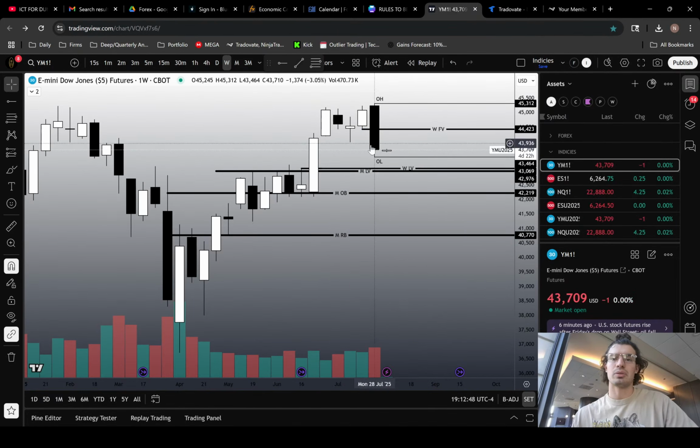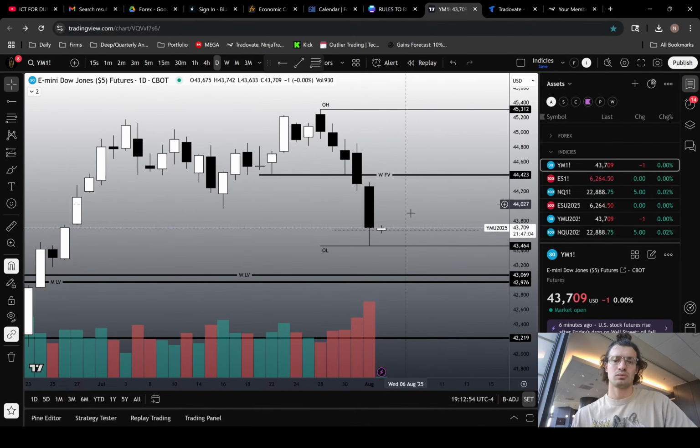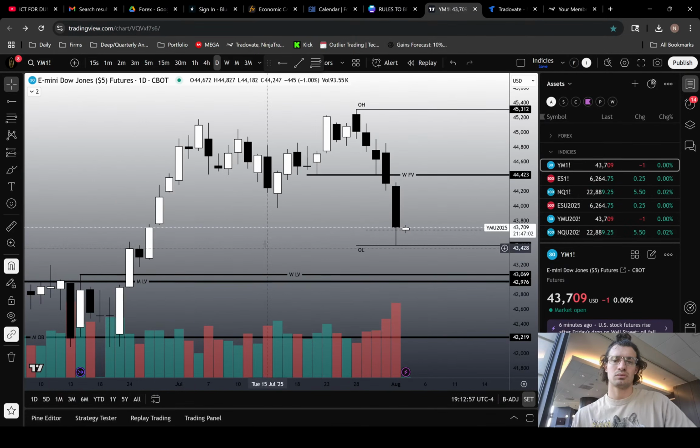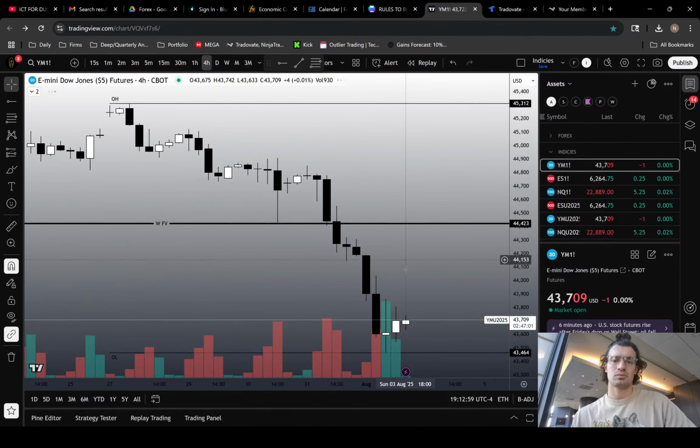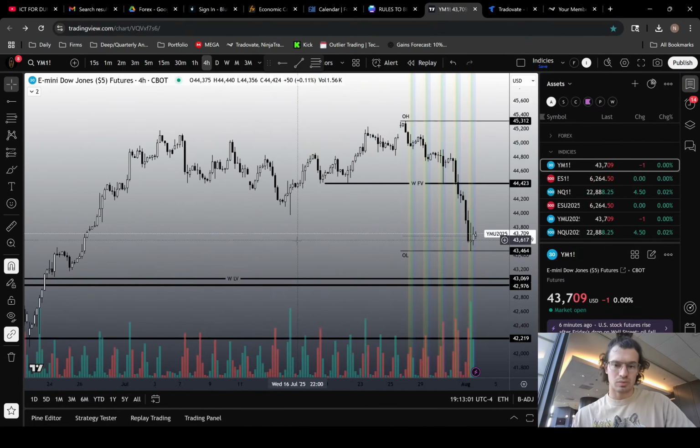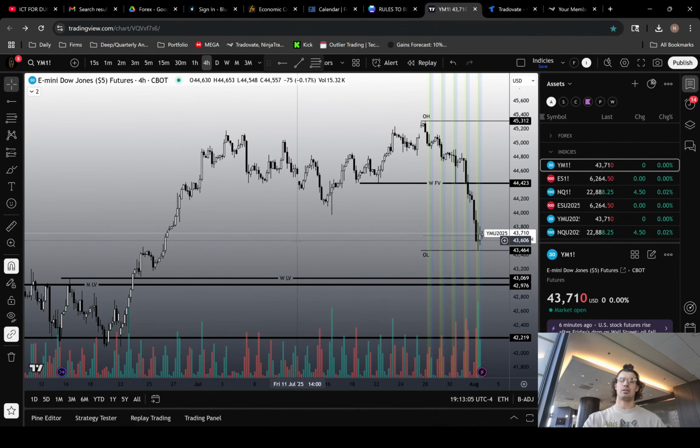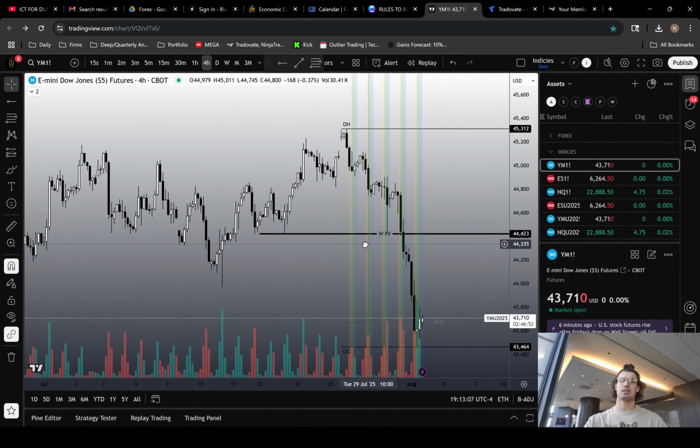That's our range. So we're in the middle of the range right now. We're just smack dab in the middle of a range. I don't feel too comfortable trading this.